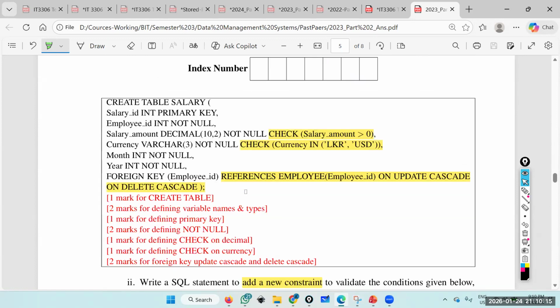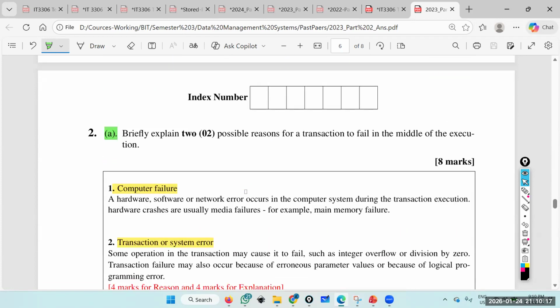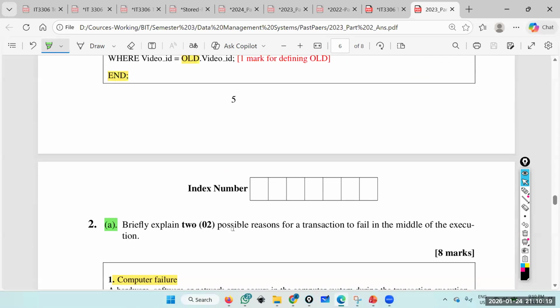Right, so let's read it. Briefly explain two possible reasons for transaction to fail in the middle of the execution. Remember the UCSC note mentioned so many reasons, right? Using about 4-5 slides. Hardware failure, operating system failure, right?